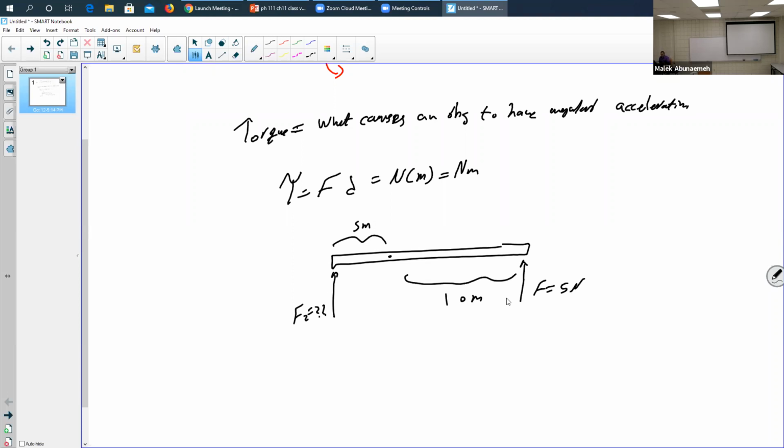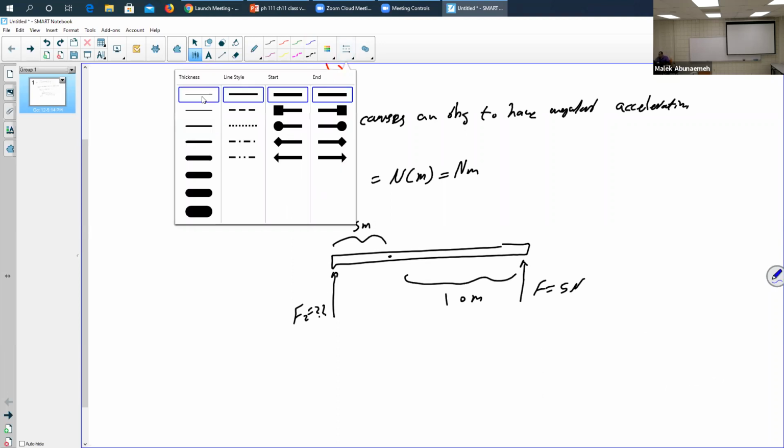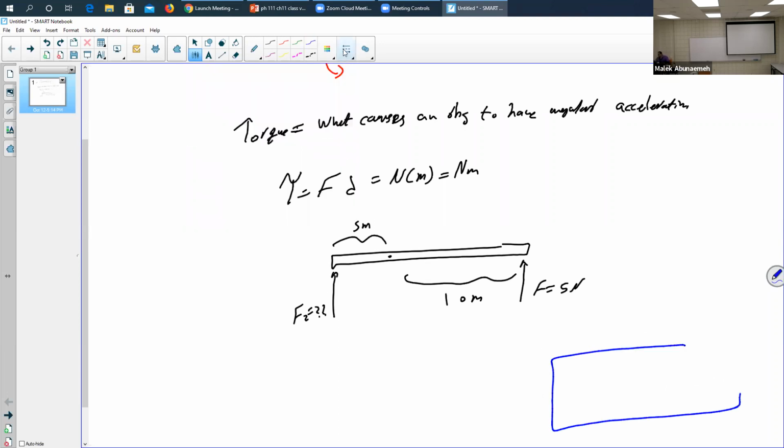Now, when we talk about torque, it's very important to remember 2 things. When you go counterclockwise, your torque is positive. When you go clockwise, your torque is negative.